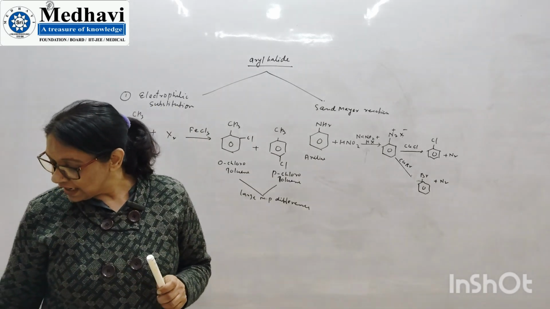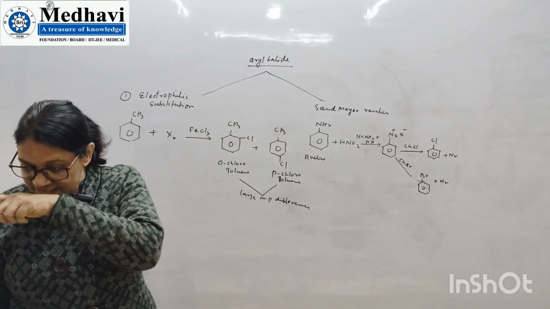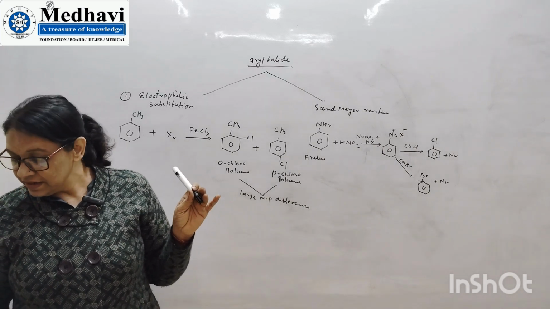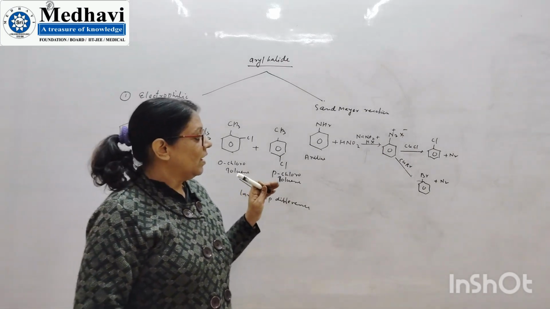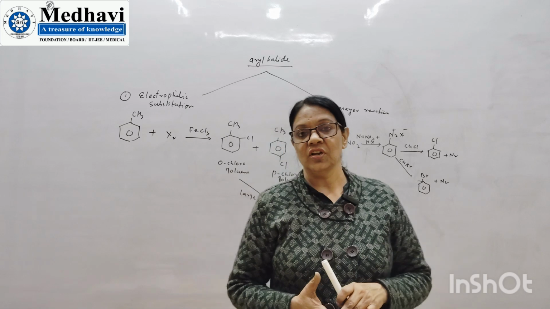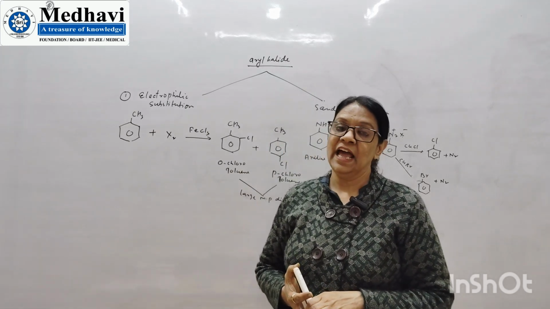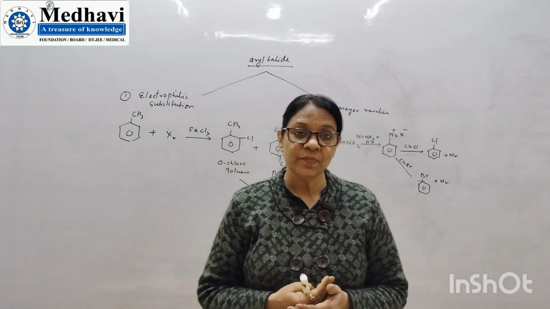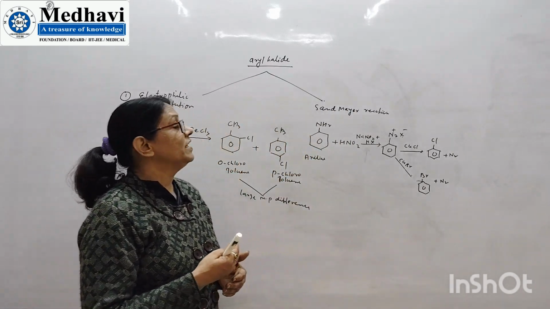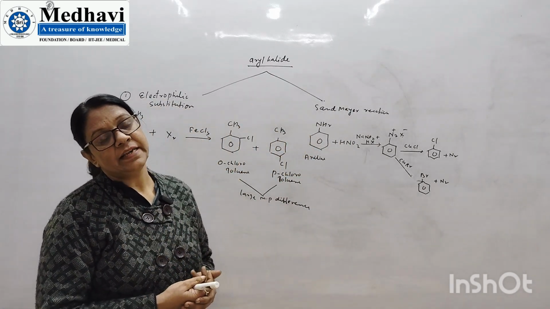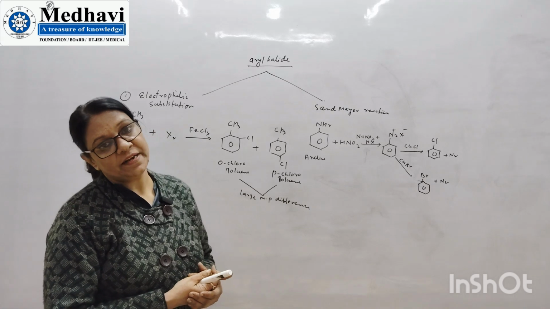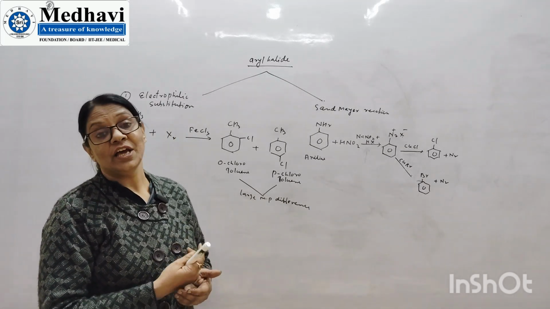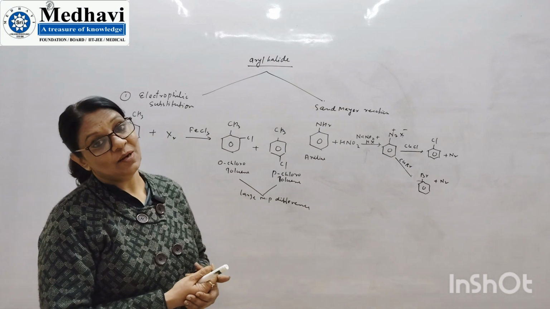So all this is the information related to the preparation of haloalkane and haloarene. I am dividing the topic into different parts. In the first video, I explained what the halo group is, that is aliphatic groups and aromatic groups, their hybridization, their bond length, their nomenclature, their physical properties.